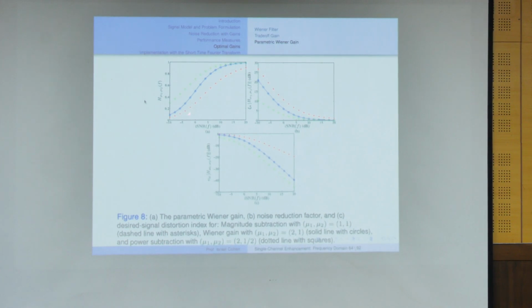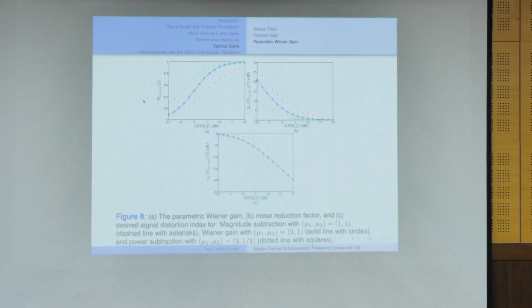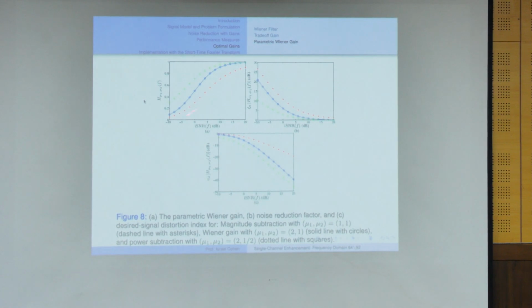You immediately know which one is which, because the magnitude subtraction is more aggressive, which means that H is lower. So the red one is magnitude subtraction. The blue is in between, which is the Wiener. And the green is the power subtraction gain as a function of the input SNR.